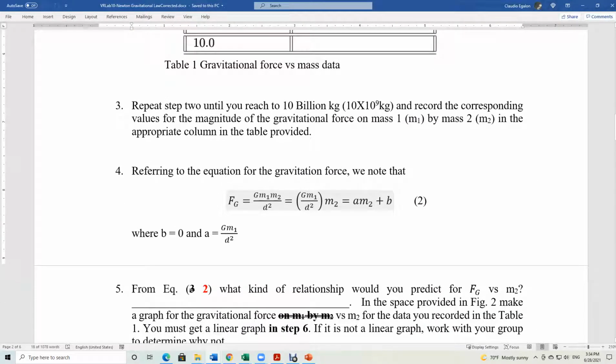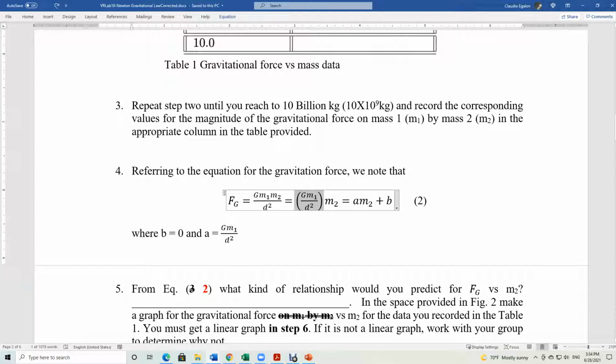Repeat step 2 until you reach 10 billion. We did that. And record the corresponding values of the magnitude of gravitational force on mass 1. Referring to the equation for the gravitational force, we notice that we're changing M2. Everything else right in here is a constant.